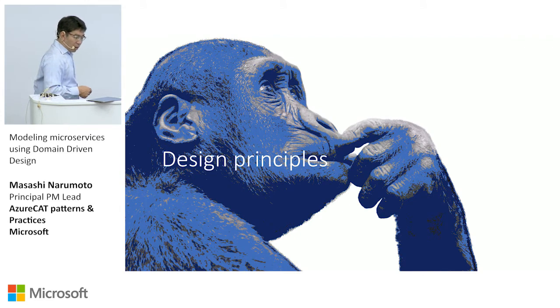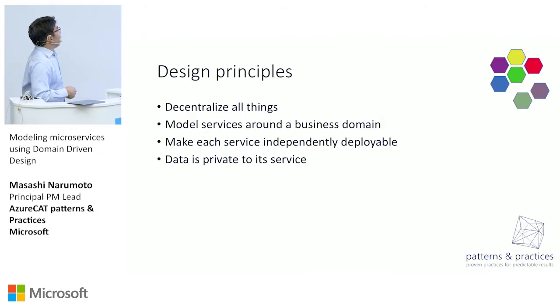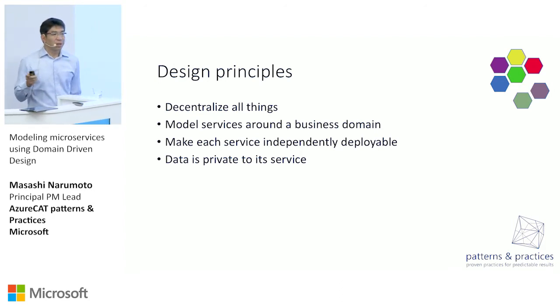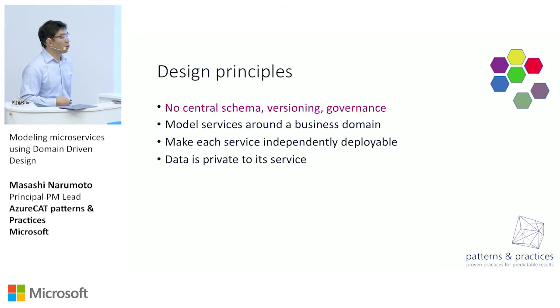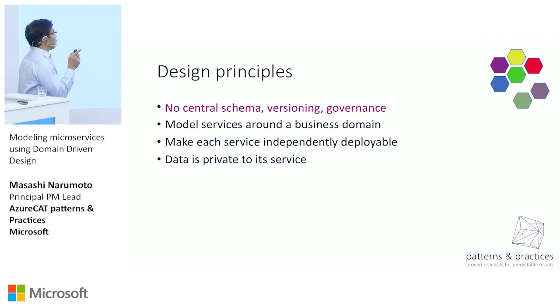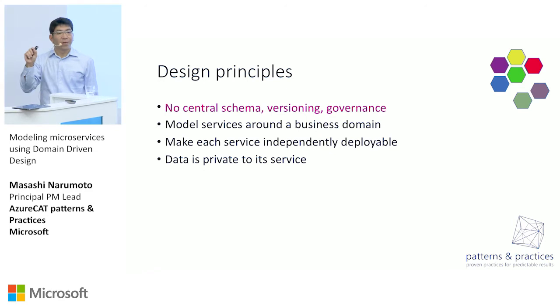All right, so let's talk a little bit about general design principles. Decentralize all things. As we discussed in the release pipeline, you have to decentralize things. It might be easier to think about this from the opposite angle. So don't do this: no central schema management, no central versioning, no central governance. Decentralize everything, because once you have something central, it will keep you from faster release.